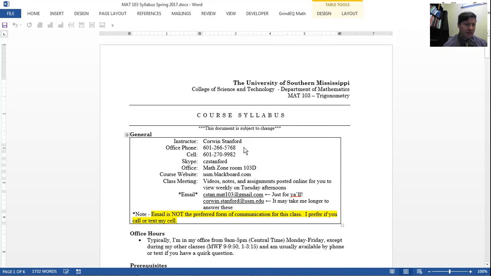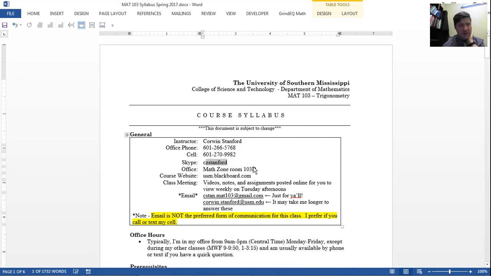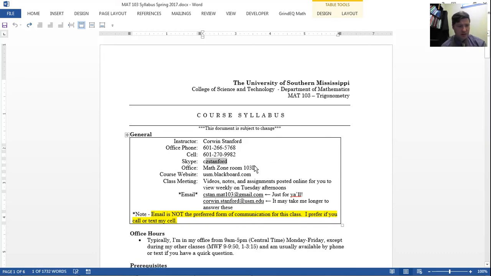I prefer to do all of our communication through phone if possible, just because that's the fastest way to get in touch with me. You've got my cell, so you can text me. That's normally pretty quick. Even though I'm busy, I've got a nice record of it right there in front of me. I can normally take care of it as soon as I get done with my meeting or class or whatever.